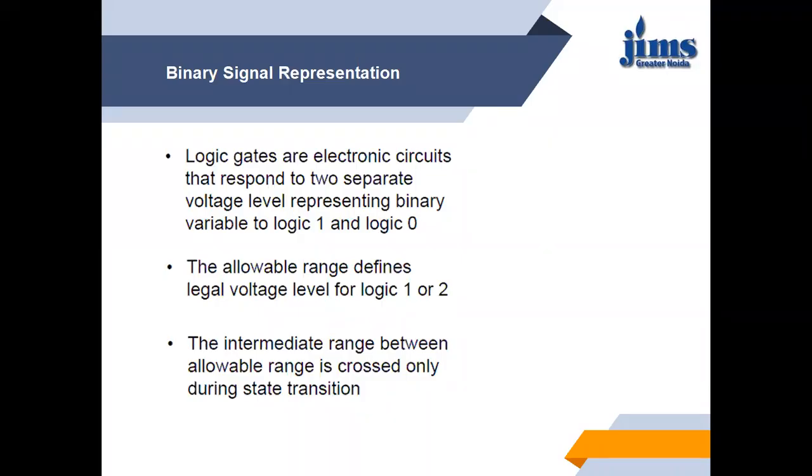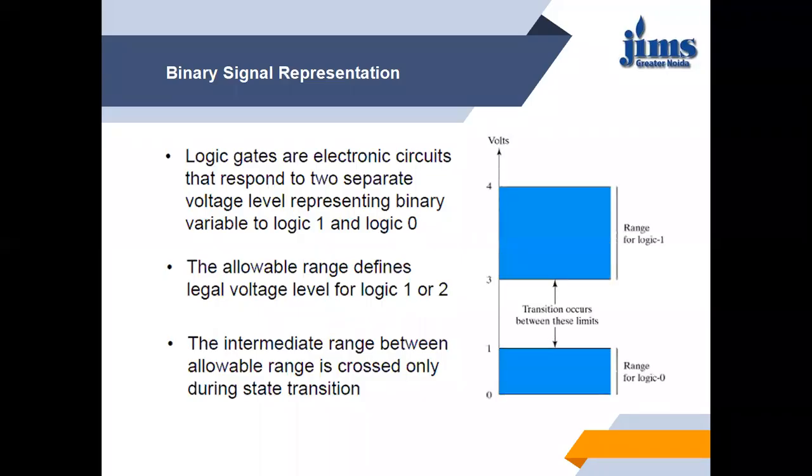So graphically we can define this like this: in the y-axis we have voltage, in the x-axis time. Here we have assumed that from 0 to 1 volt, it will define a range 0. Whenever input or output is between 0 volt and 1 volt, it will be considered as logic 0. Now, when the voltage of the output or input is from 3 volt to 4 volt, it will define a logic 1.